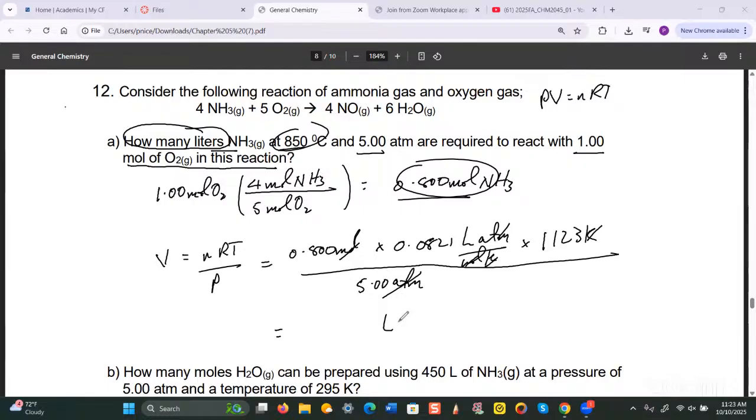According to my answer here, rounded off to 3 sig figs, that would be 14.8 liters. And that's how that is done. All right? Any questions about this?